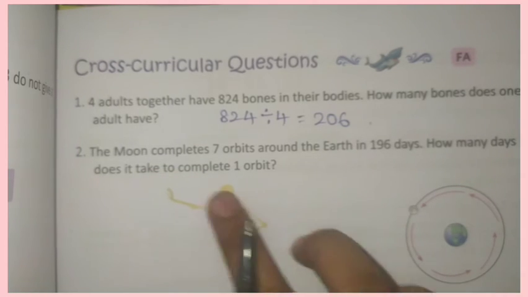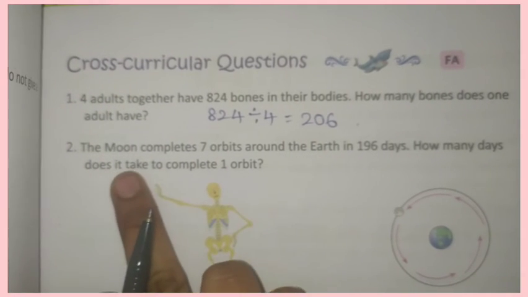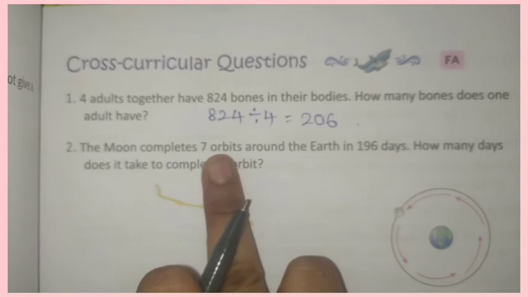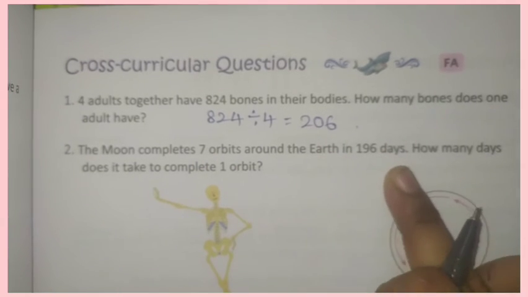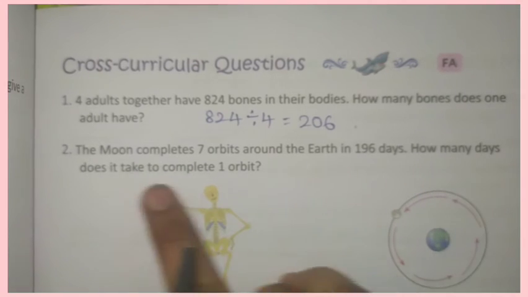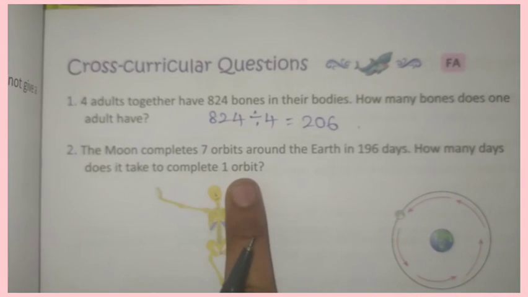Okay, next, look at second question. The moon completes 7 orbits around the earth in 196 days. How many days does it take to complete one orbit?